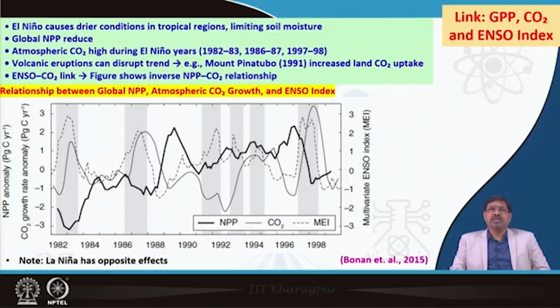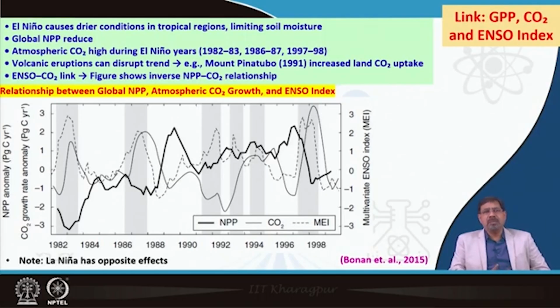And the fourth point, volcanic eruptions can disrupt the trend. Volcanic eruptions lead to a lot of gaseous emissions, including carbon dioxide. So if a lot of volcanic eruptions are there, then the carbon dioxide concentration in the atmosphere will again increase.